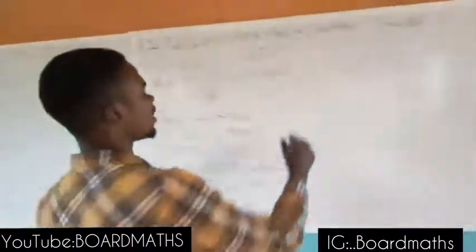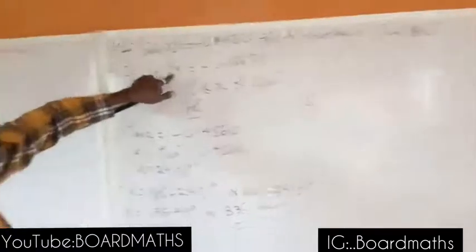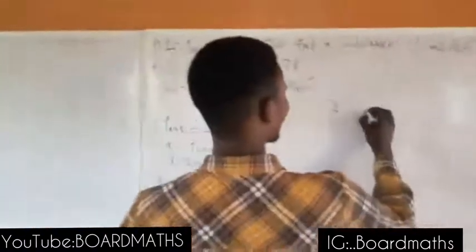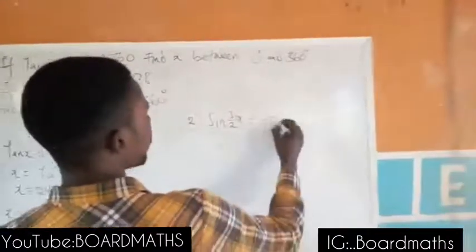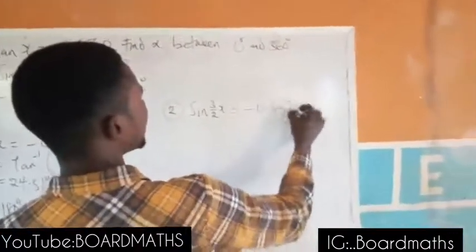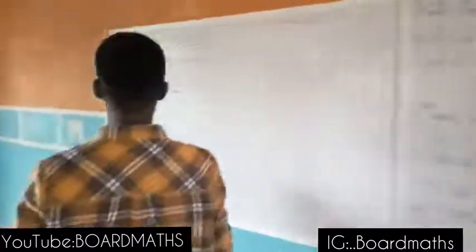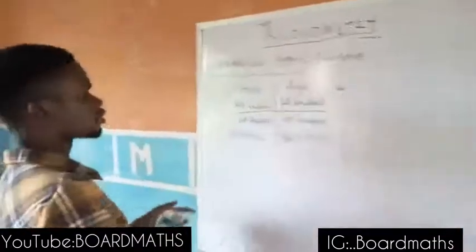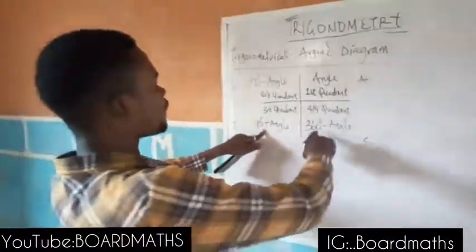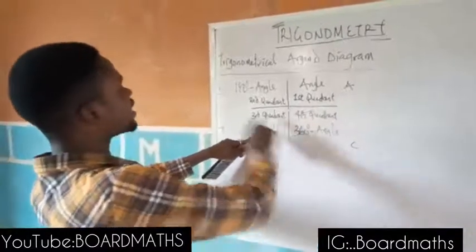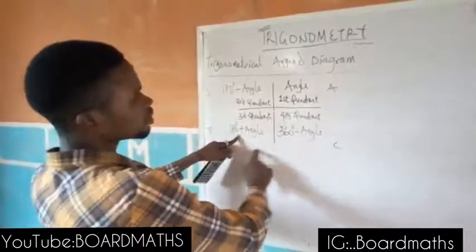And now for question number 2, we have that sine of 3 over 2 x is equal to negative 0.5678. So the negative value here tells us that it belongs to the third quadrant and the fourth quadrant, because that is where sine is negative.